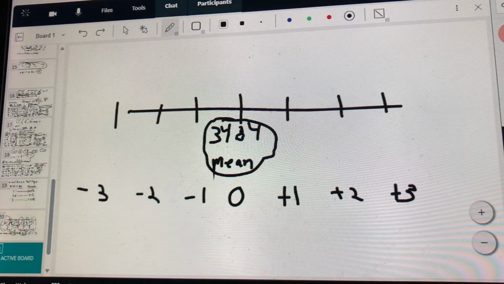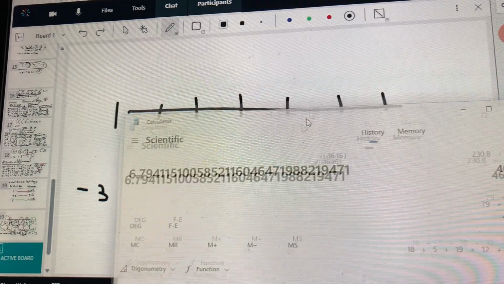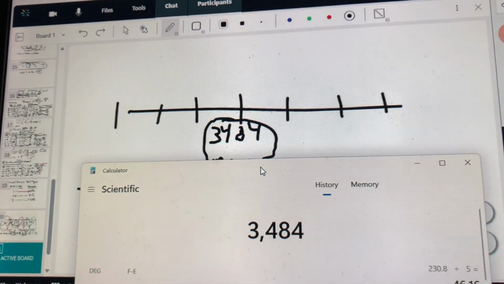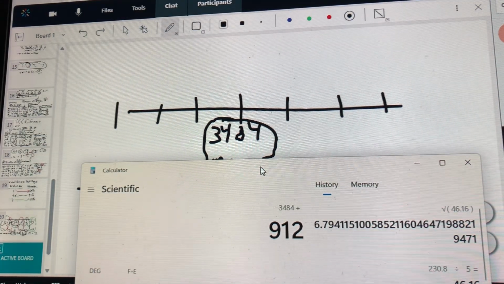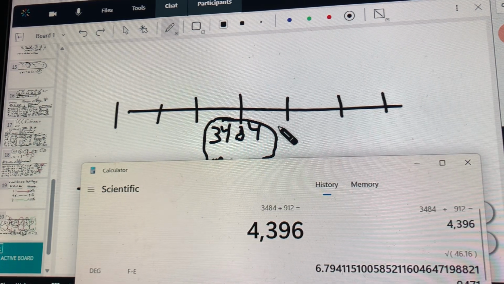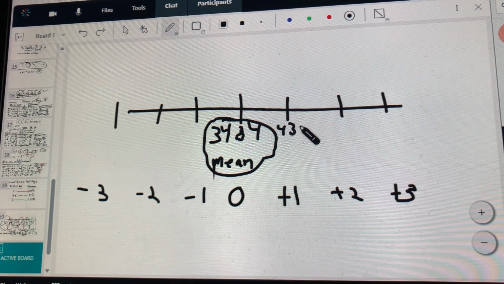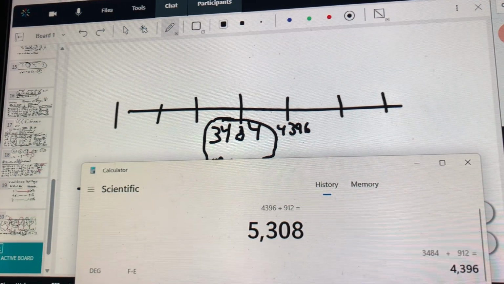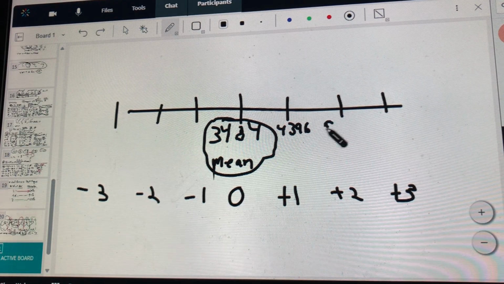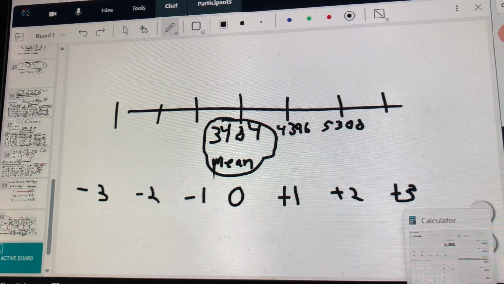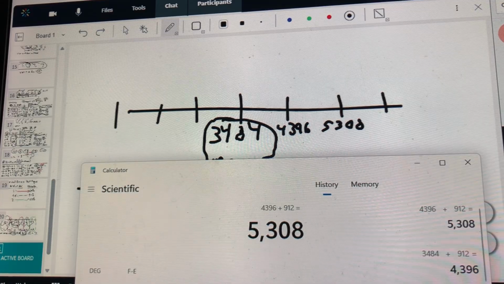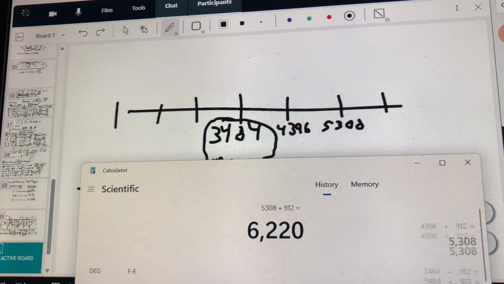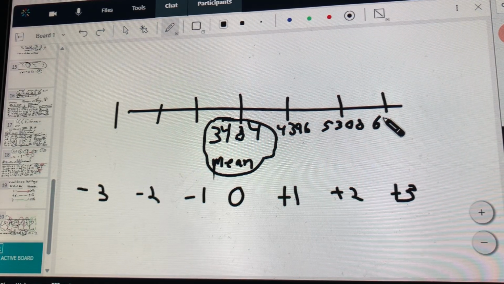This will be a little more challenging to fill the number line in because it's such large numbers, but 34.84, just use a calculator, plus 9.12 is 43.96. Plus 9.12 is 53.08. Plus 9.12 is 62.20.